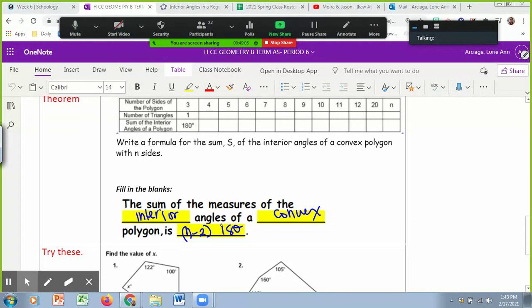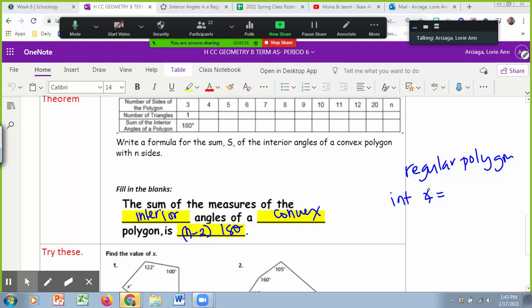If you extend that to a regular polygon, remember, in a regular polygon all the angles are equal. So if you want to find one interior angle, what will be its measure?